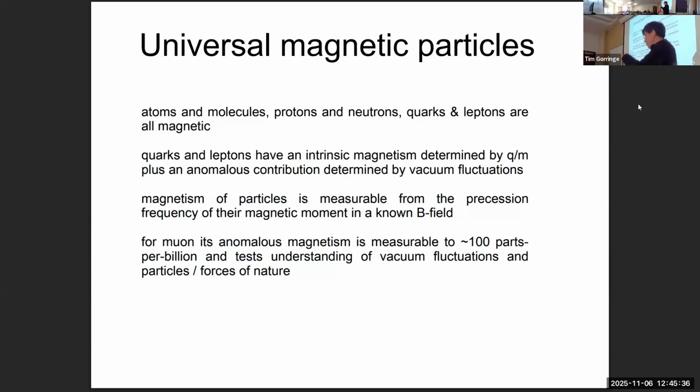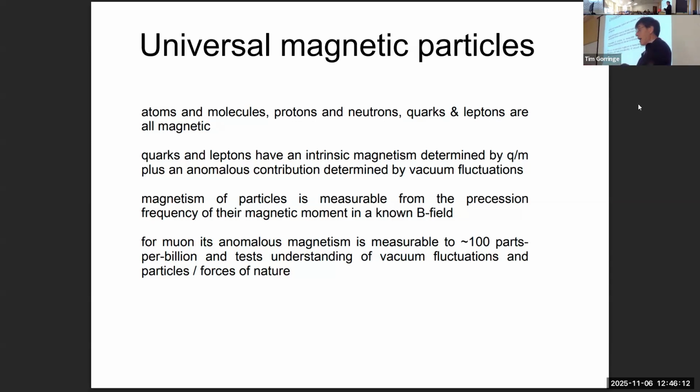So in addition to the direct contribution, determined by their charge and mass, there's a much smaller but significant contribution that comes from all this activity in the vacuum, all these vacuum fluctuations with electrons and positrons and quarks and antiquarks. That piece of the magnetism is called the anomalous magnetism of the elementary particles.